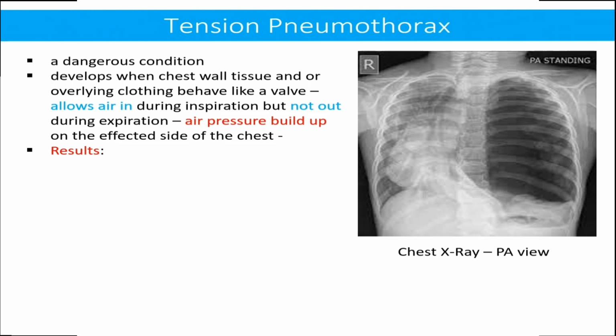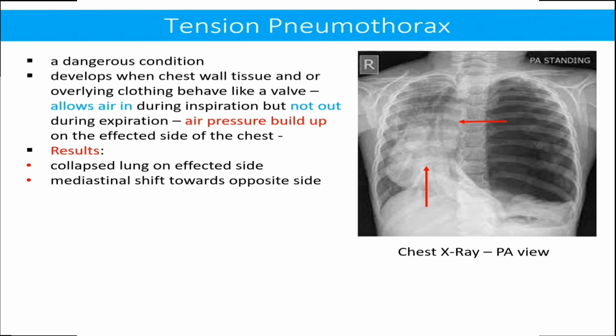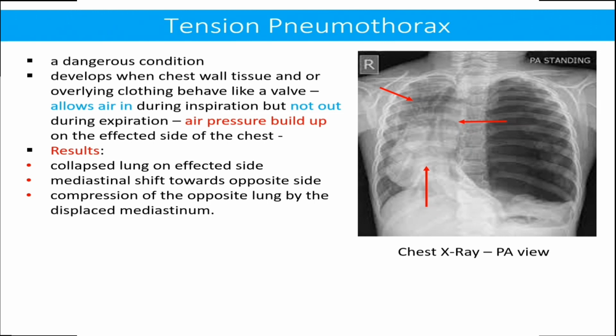Hence, air pressure builds up on the affected side of the chest, which results in collapsed lung on the affected side, mediastinal shift towards the opposite side, and compression of the opposite lung by the displaced mediastinum.